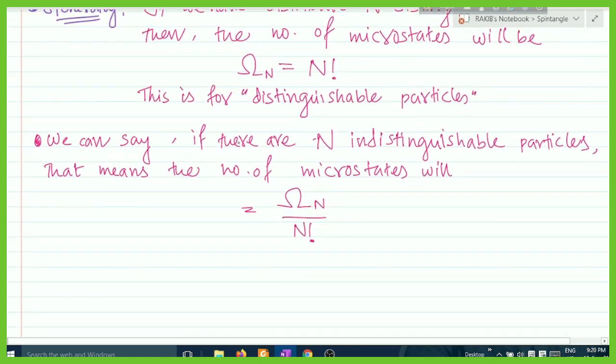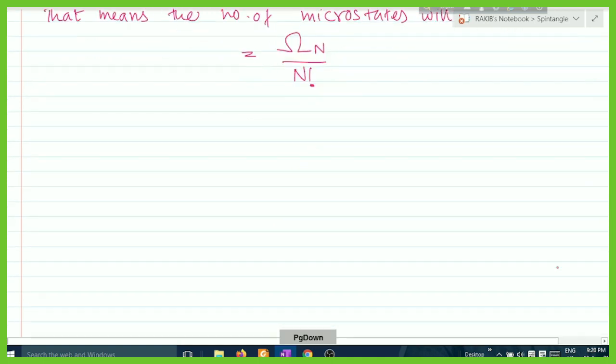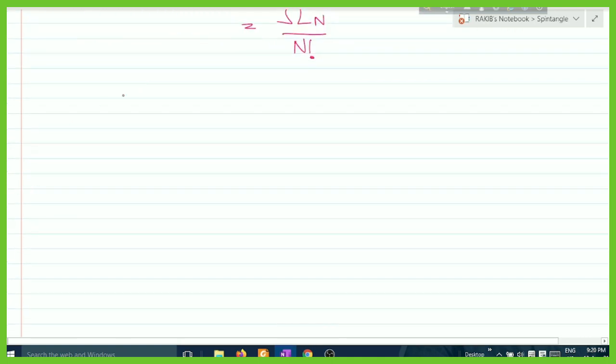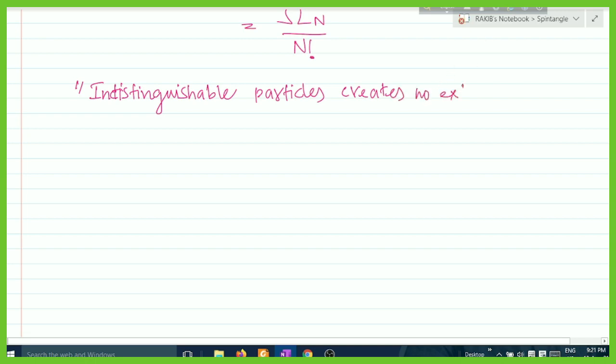In case of n indistinguishable particles, the number of microstates is equal to omega n upon n factorial. This means indistinguishable particles. I have told earlier that indistinguishable particles create no extra arrangements.